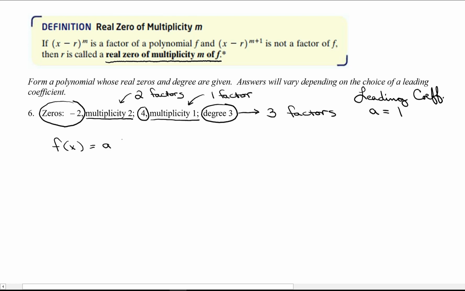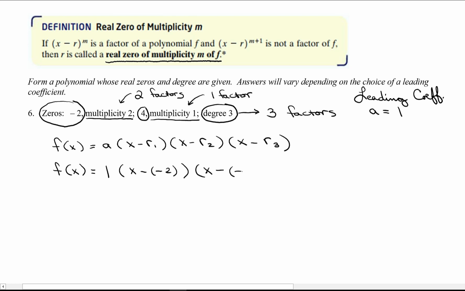So f of x is going to equal a times x minus r sub 1 times x minus r sub 2 times x minus r sub 3. I'll do the straight substitution here. It's going to be 1 times x minus negative 2, x minus negative 2, and then x minus 4.